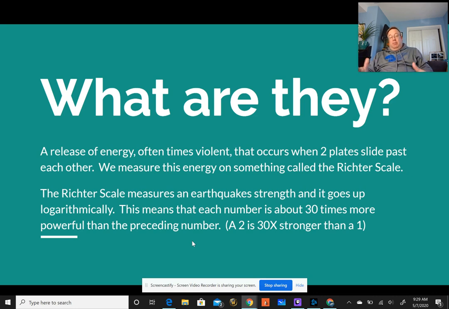This is compared to something we call the Mercalli scale, which we're just going to talk about very quickly here. That doesn't measure energy, that measures damage. So that goes from 1 through 12 in Roman numerals. A 12 on the Mercalli scale is total damage, and then it's based on things like, at a 5, chimneys are going to start to crack, and plaster will fall off the walls.